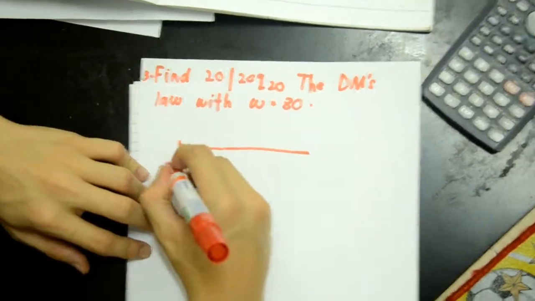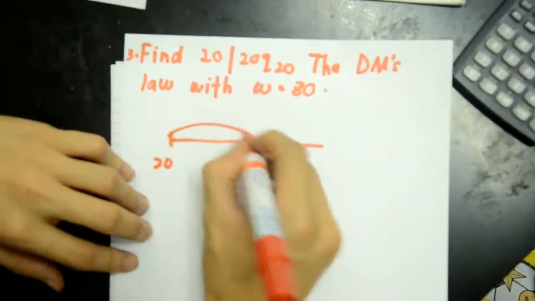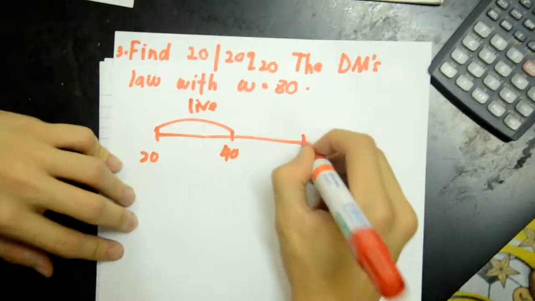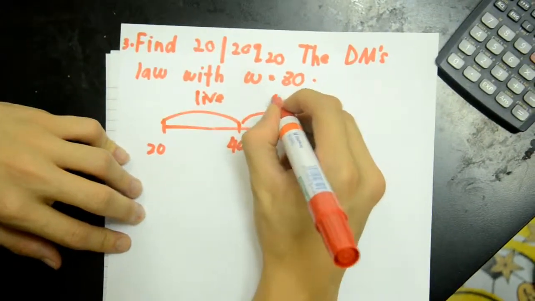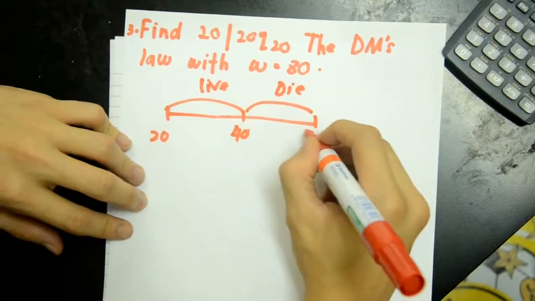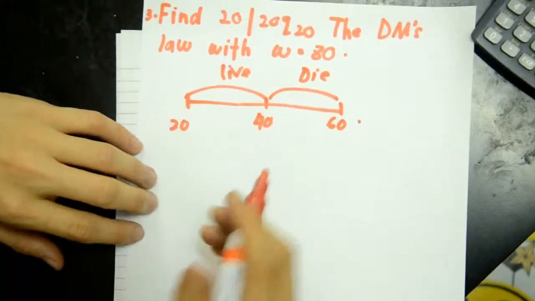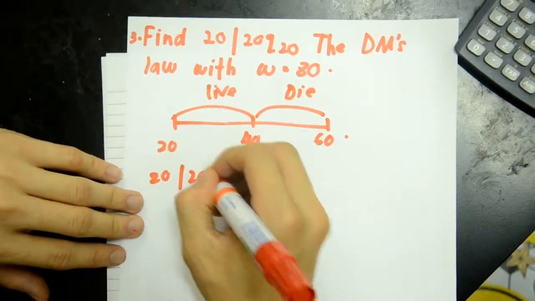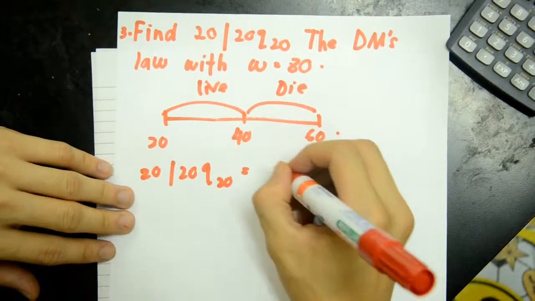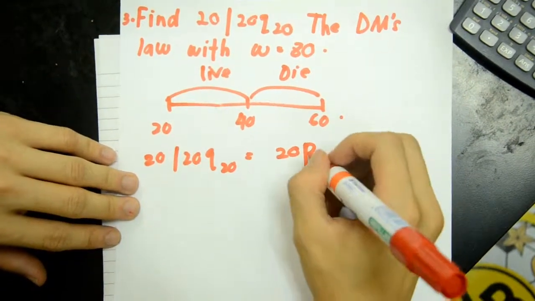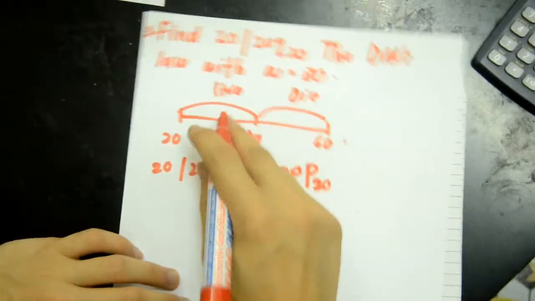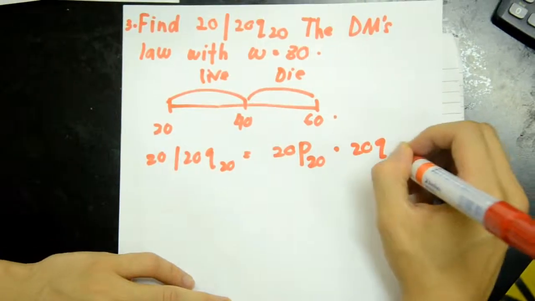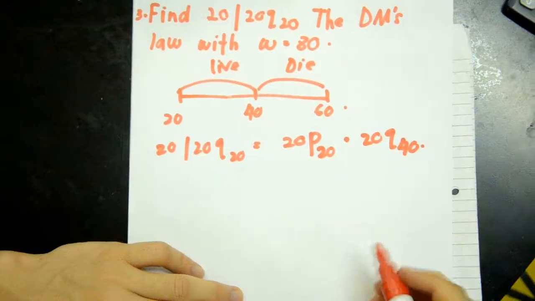So here you have a person aged 20 who must live until the age of 40, and he must die between the age of 40 to 60. So break down this equation. You will have 20p20, the probability of living until the age of 40, multiplied by 20q40, the probability of death after the age of 40.